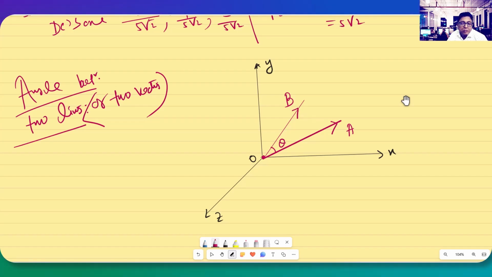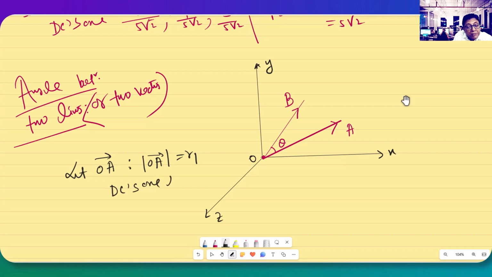How to? You assume that let OA vector be characterized by this, mod OA is R1 and this is L1, M1, N1. We don't know. If we know the angle, then we can find the direction cosines, that is values of L1, M1 and N1.